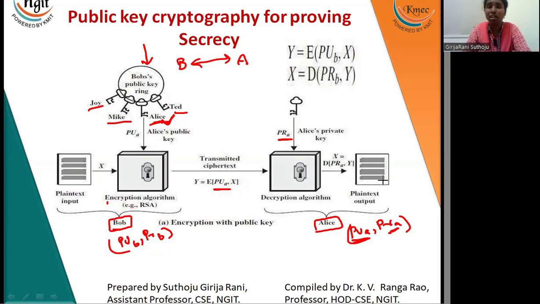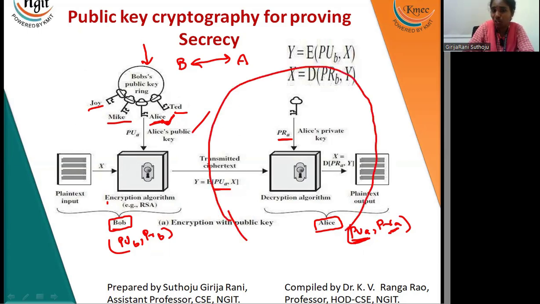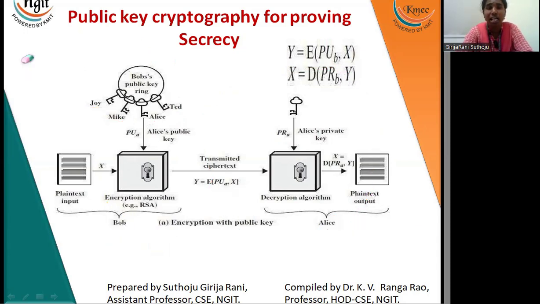Now, how can I say I have proved the secrecy concept? As I am encrypting with the public key of Alice, only Alice can decrypt it, no other can do that. So my content is in confidential mode for sure, and my key is not transmitted anywhere. Got this, I guess, right?